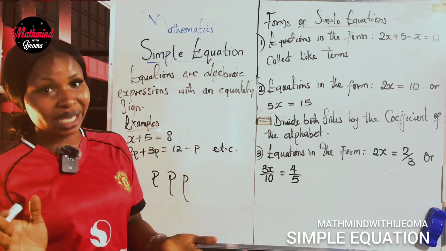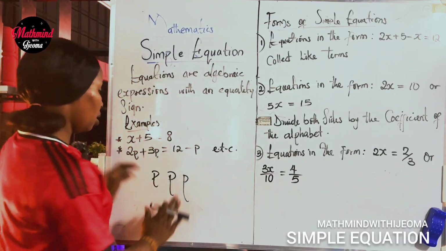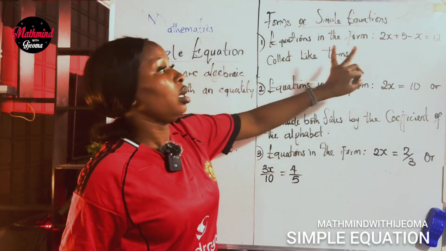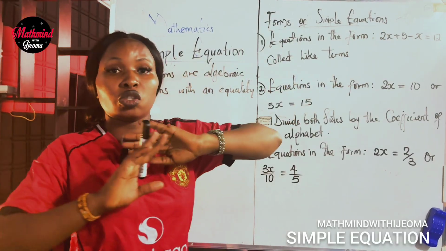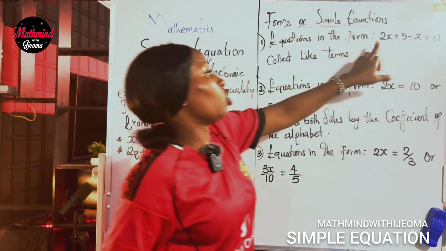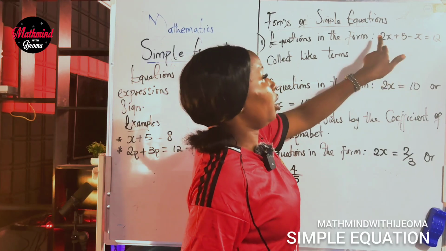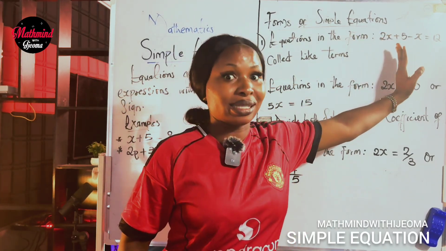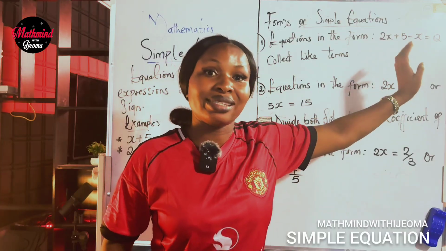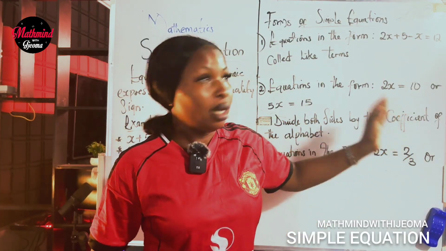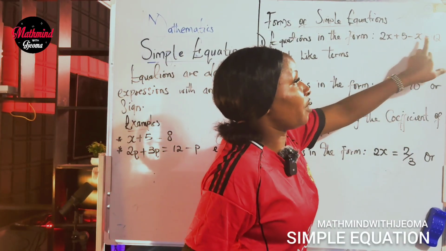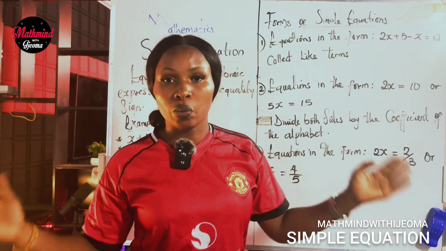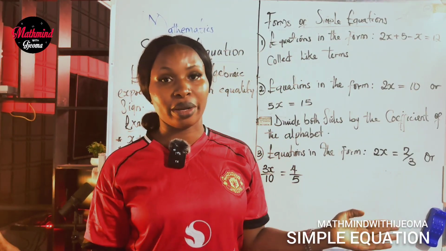That's a different scenario. Now, coming back to what we are saying, if you see such a thing, you just collect like terms. So if we are collecting like terms here, 2x will be together with this minus x. Why? Because they are alike. 12 and 5 will be together. Why? They are ordinary numbers without a variable.